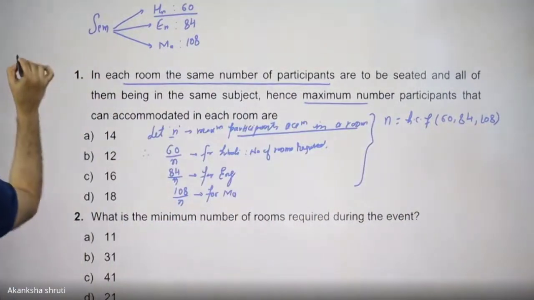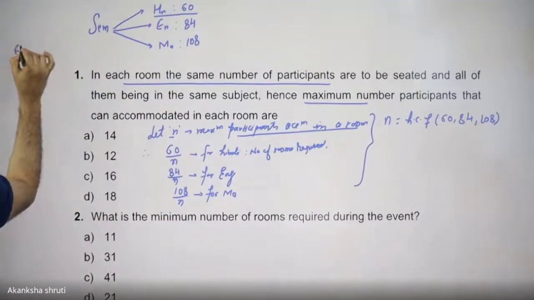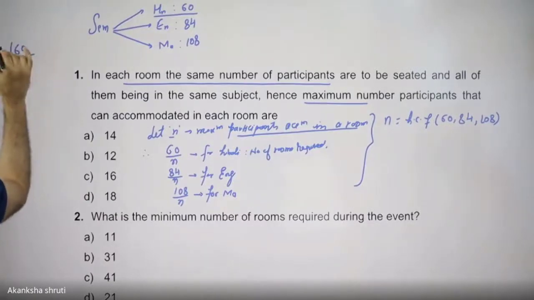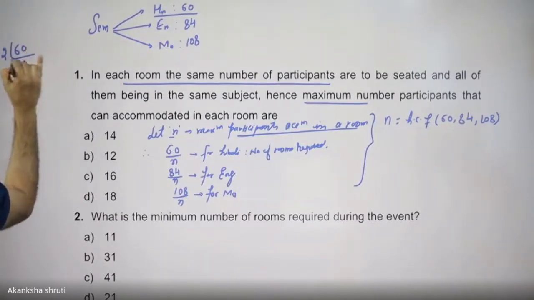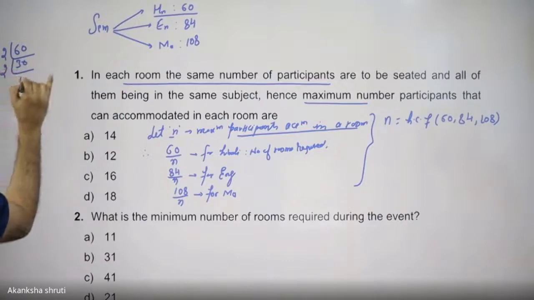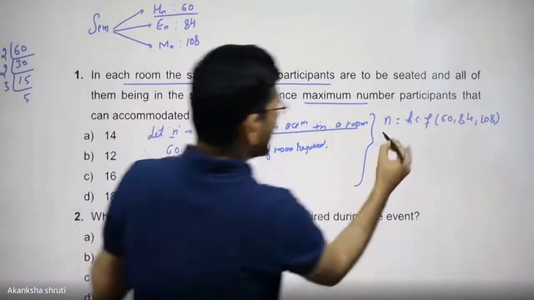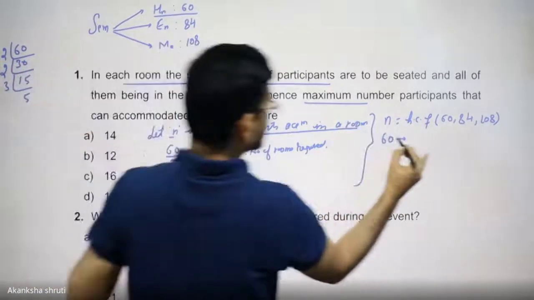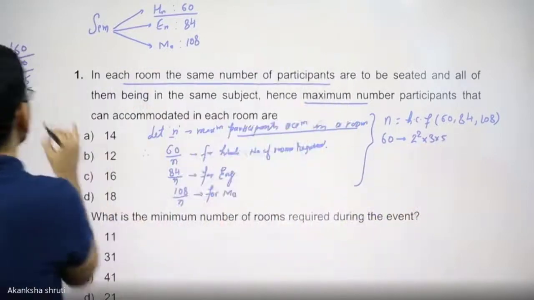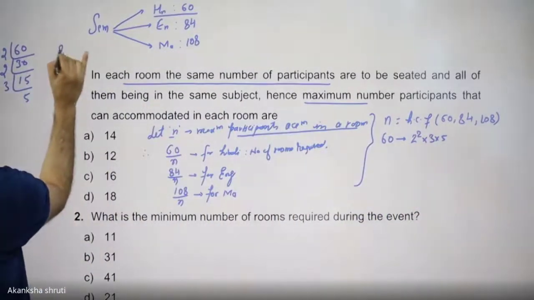For this HCF, first we have to go for their prime factorization. Let us take 60: divisible by 2, 30 divisible by 2, 15 divisible by 3, 5. So 60 can be written as 2 square into 3 into 5. Similarly, let us go for the factorization of 84.